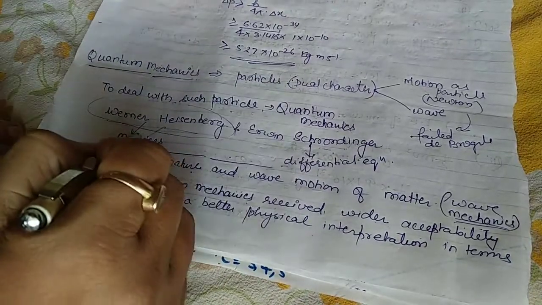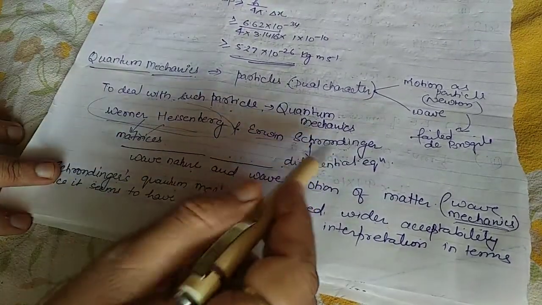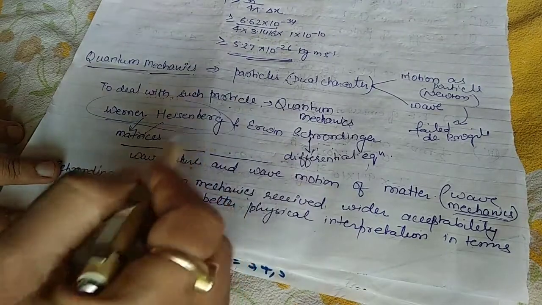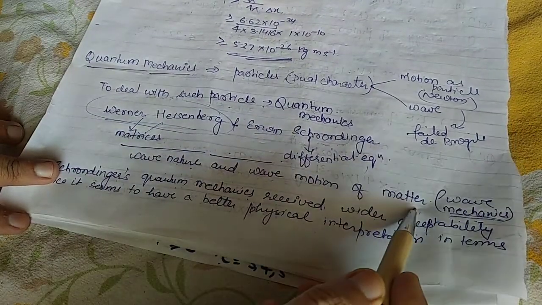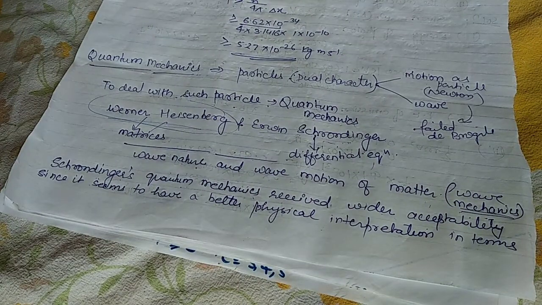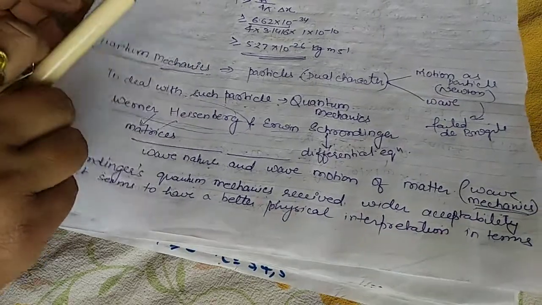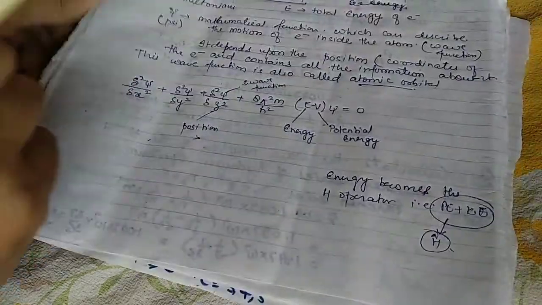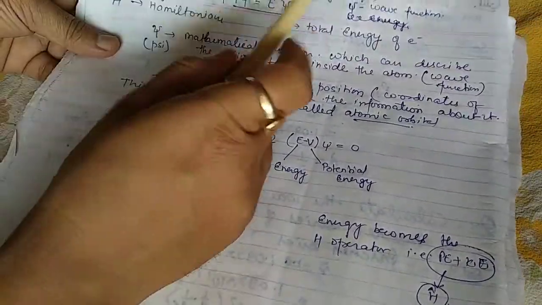Werner Heisenberg used matrices, both are correct, and Erwin Schrödinger used a differential equation to explain the wave nature and wave motion of matter. That is known as wave mechanics. But Schrödinger's quantum mechanics received wider acceptability because it seems to have a better physical interpretation in terms of wave properties, and this is known as the Schrödinger equation.